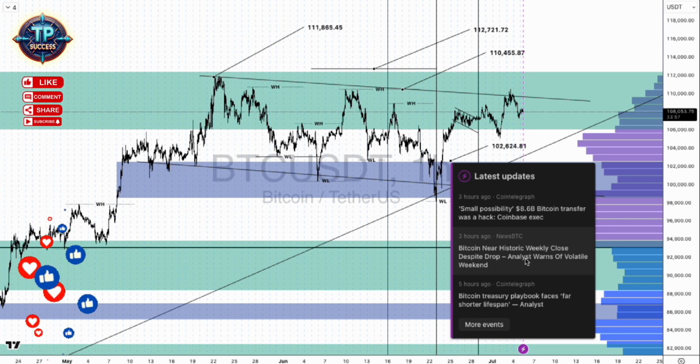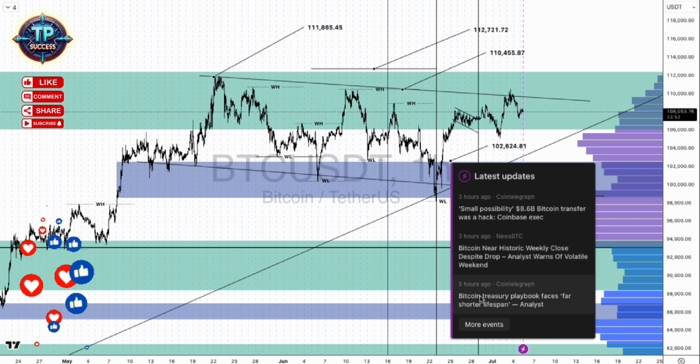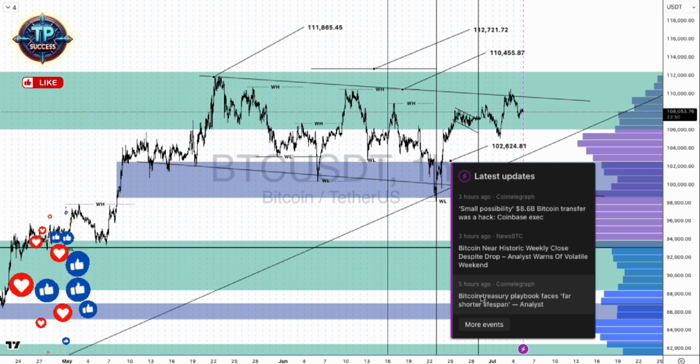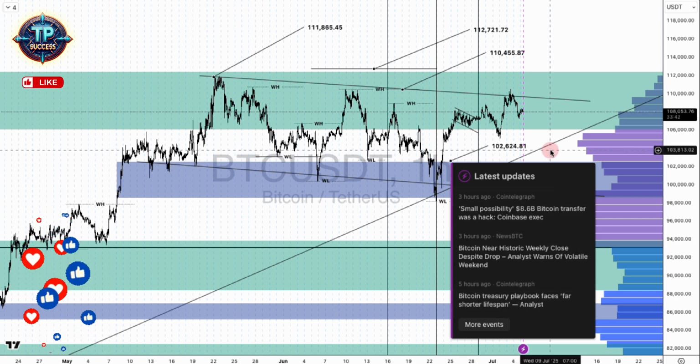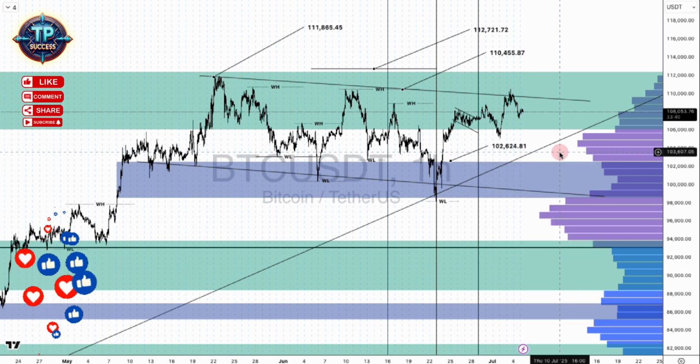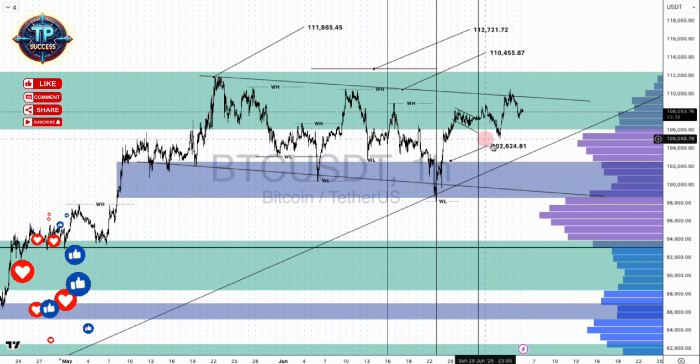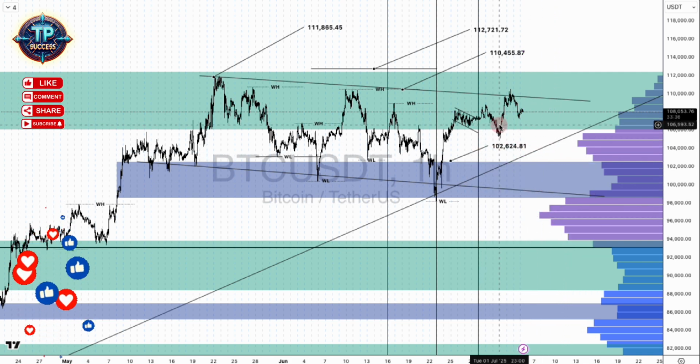Well, it's not really looking like that right now, so I don't know what these guys are talking about. So that is news BTC. And then we've got Cointelegraph. Bitcoin Treasury playbook faces a shorter lifespan. I don't even know what he's talking about, but it is what it is. And that's what we got going on. There ain't really anything happening.